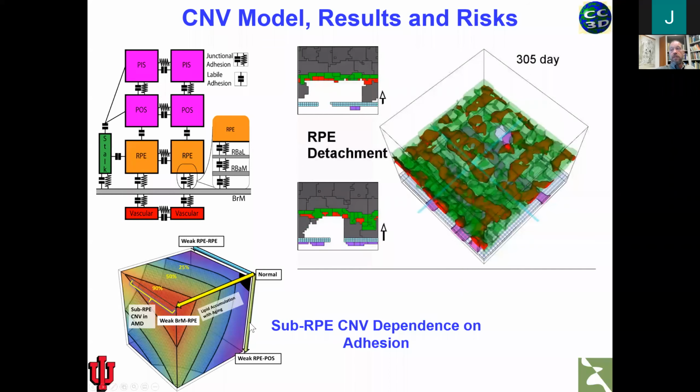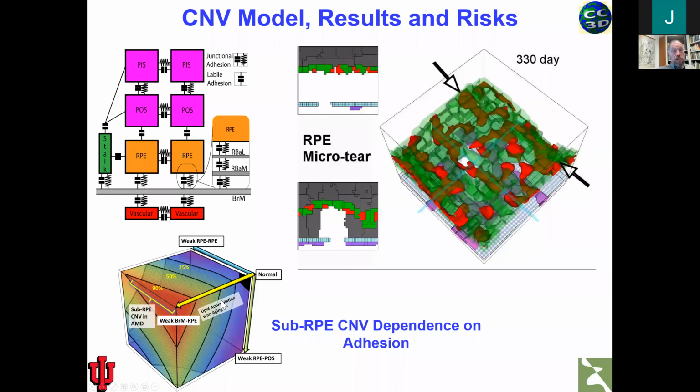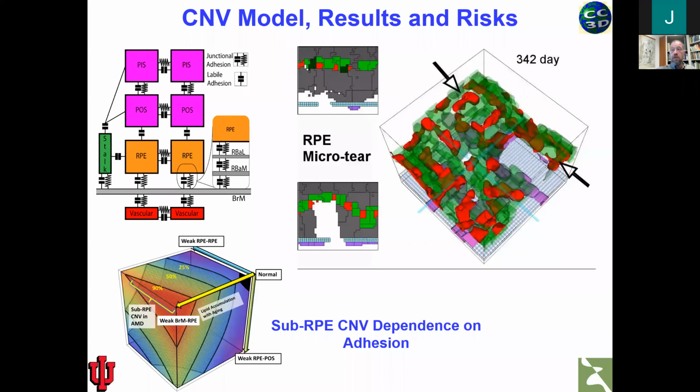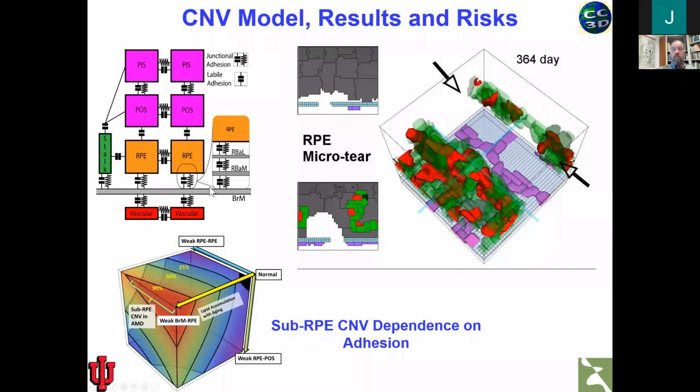And so in this particular cube, if we have lipid accumulation with aging, that is a classical risk factor for age-related macular degeneration, that reduces the adhesion between the pigmented epithelial cells and the Bruch's membrane, and that increases the risk of invasion of blood vessels between the membrane and the pigmented retinal cells. Other kinds of damage to the retina can cause other kinds of risk and other kinds of invasion patterns. And here, the simulation is completed after a year with the breakup of the retina, which would lead to blindness.